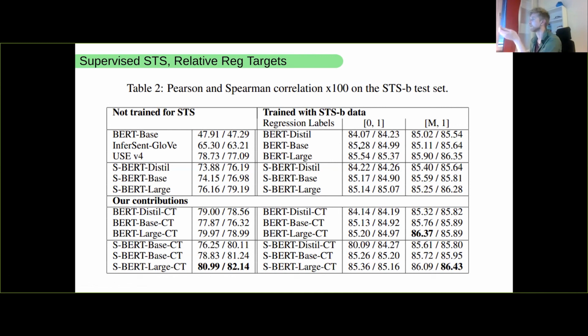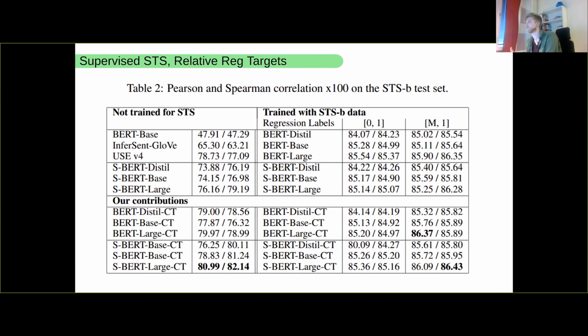However, we also see that when we do our relative regression labels, we improve the performance of this. So yet again, we find a clear improvement of, I don't know, 1.37 or something.